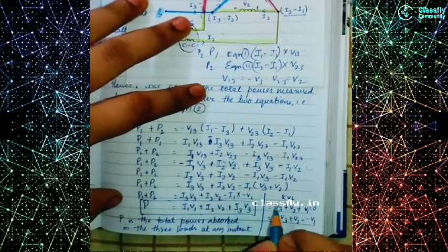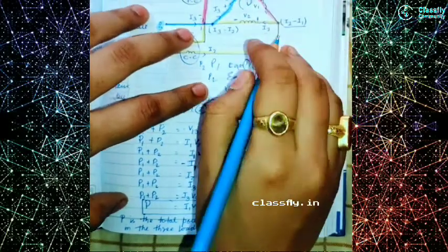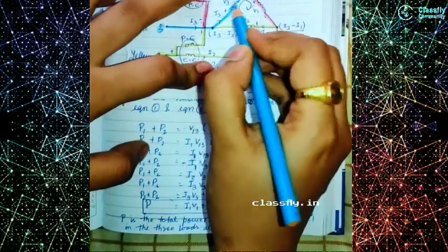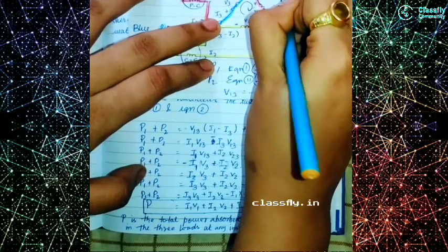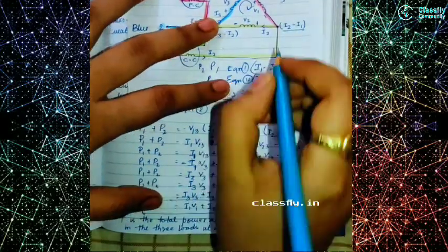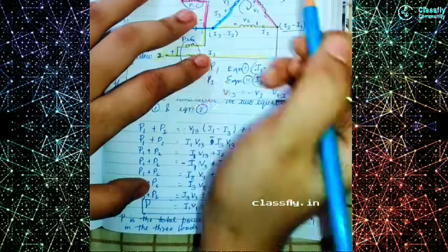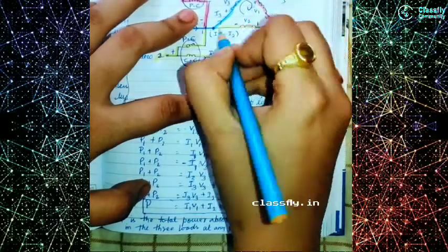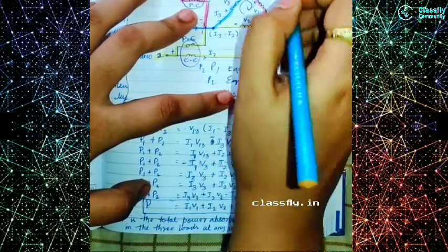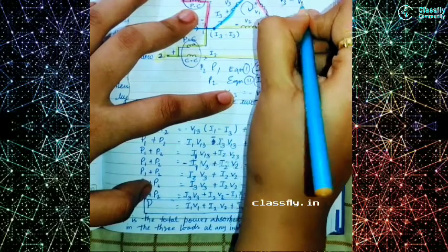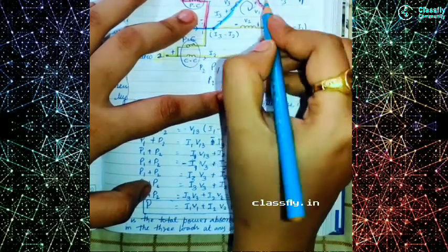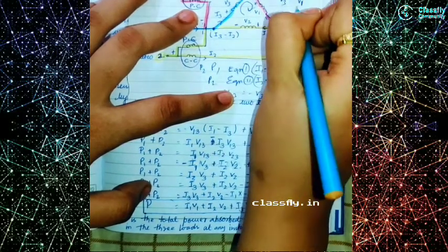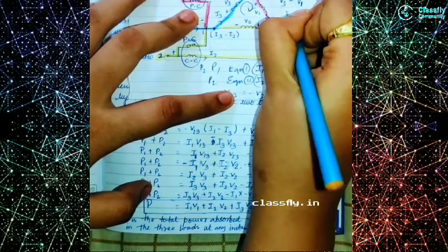When we apply KVL at this place, we know that from positive to negative will be negative. So our V3 will be negative, whereas our V1 will also be negative, and our V2, positive to negative, will also be negative.